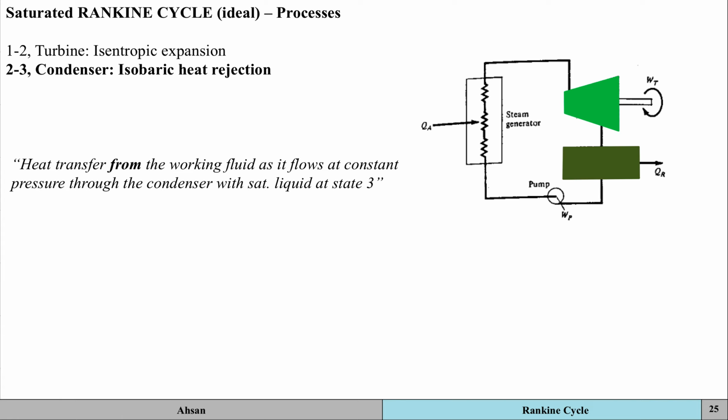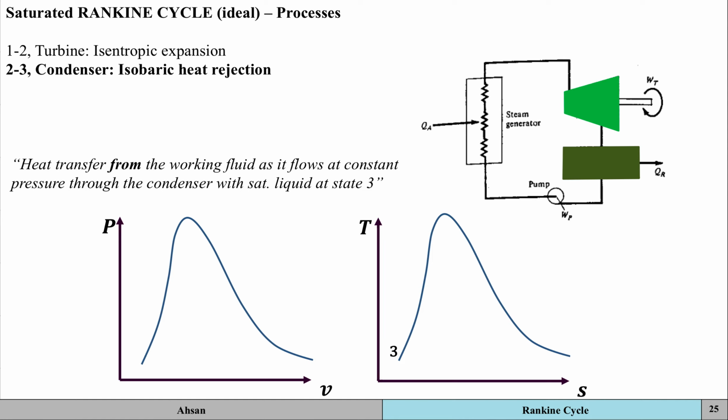Okay. So from 2 to 3, across the condenser now, you've got heat rejection taking place. You've got 2 over here, 3 over here, and an isobaric heat rejection is taking place. It's happening at a constant temperature, and being a 2-phase mixture at 2, as we previously saw, the constant pressure heat rejection takes place in the condenser.